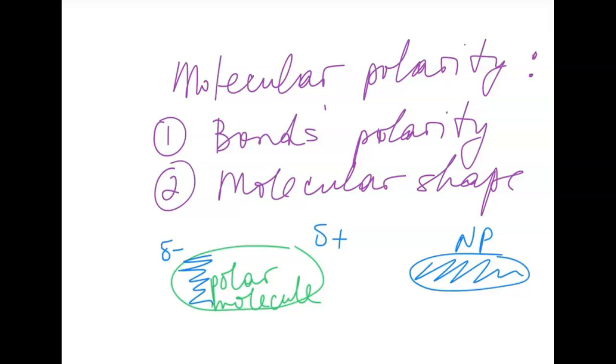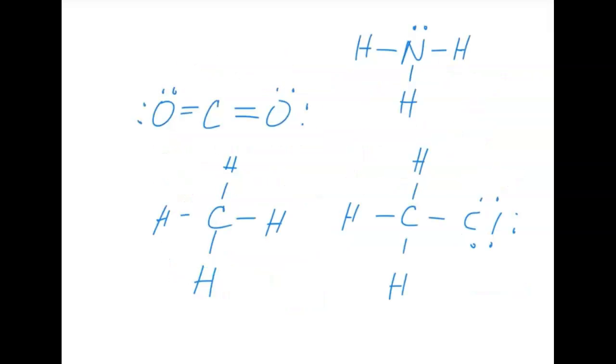So to define if a molecule is polar or non-polar, first of all, you need to define the bonds. If there are non-polar bonds in the molecule, of course it will be a non-polar molecule. So no charges, no polarity.